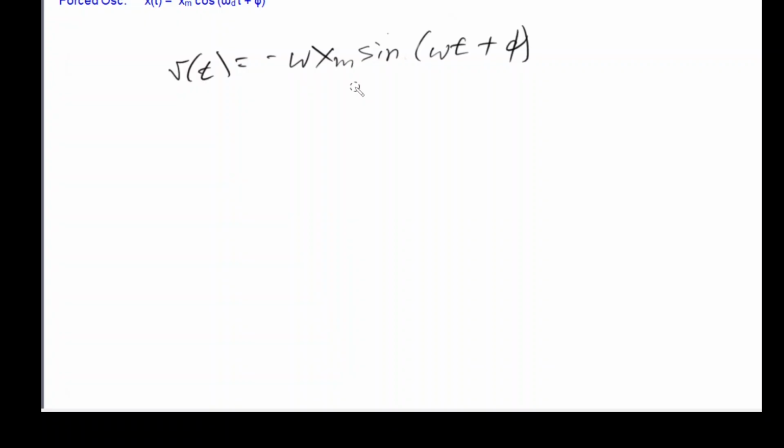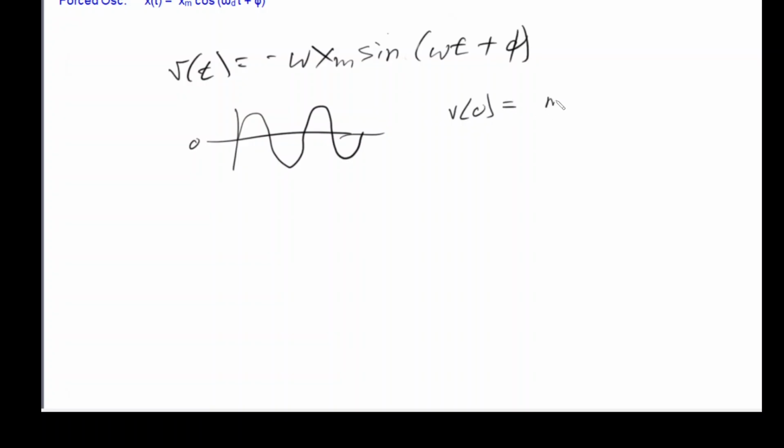Now, note with this velocity equation that if you have an oscillator oscillating about its equilibrium point, which is here, the velocity is maximum at the equilibrium point, where x is 0.